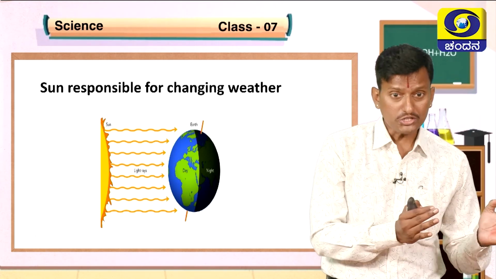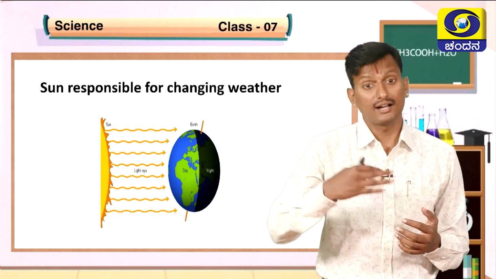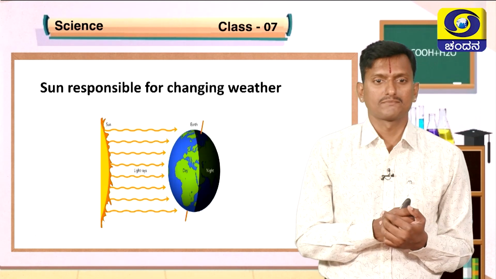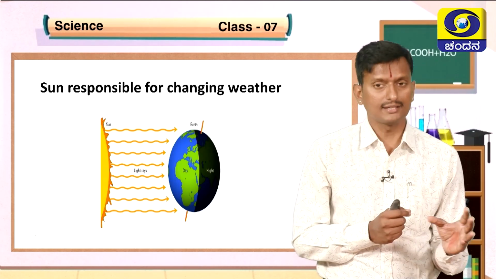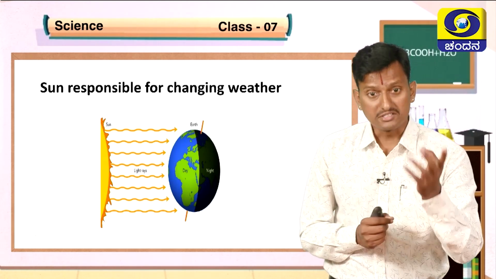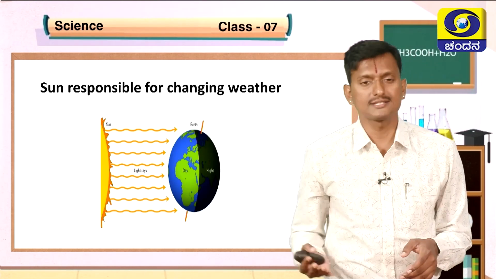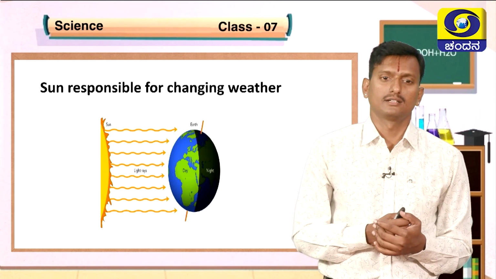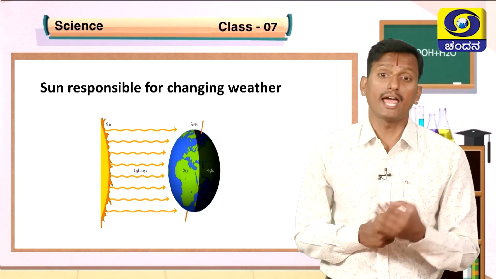Only one portion is getting the light rays, the other is not. The place where the sunlight falls is called day, and the place where there are no sun rays is called night. Now you understand how day and night happen.